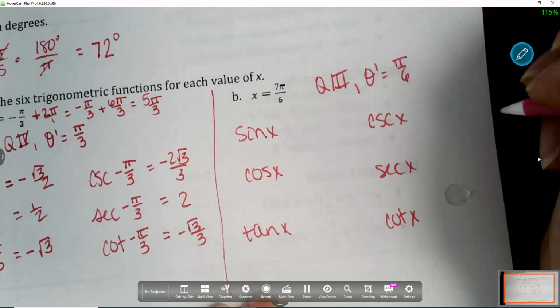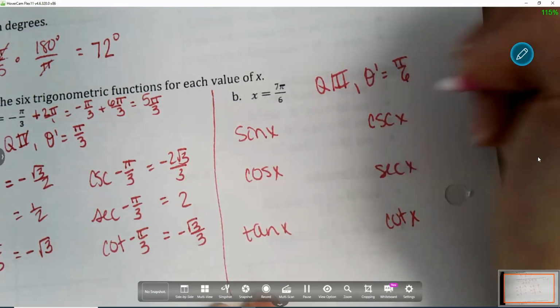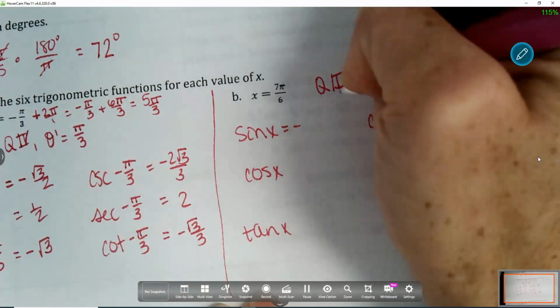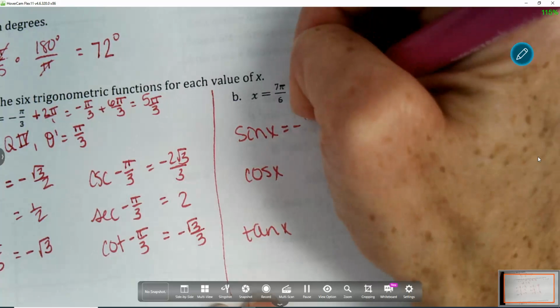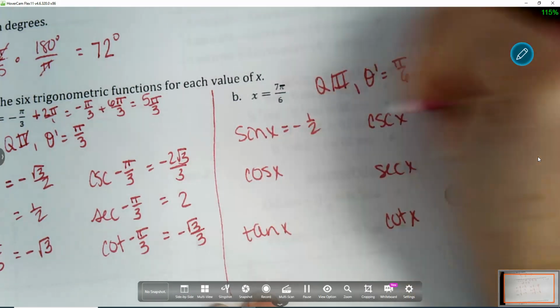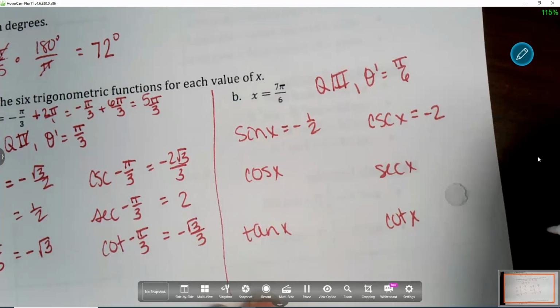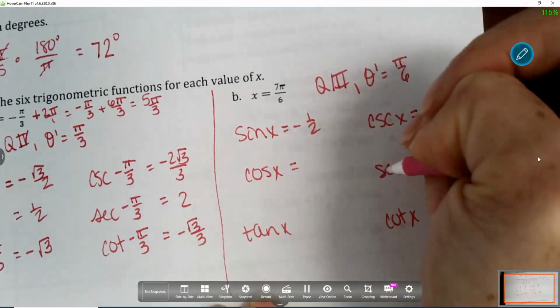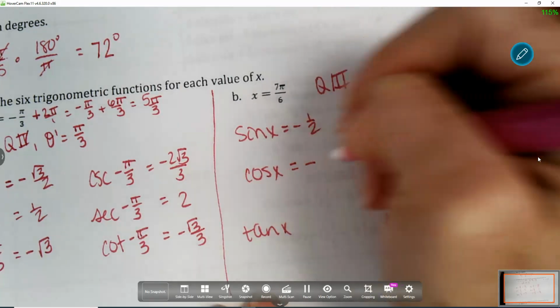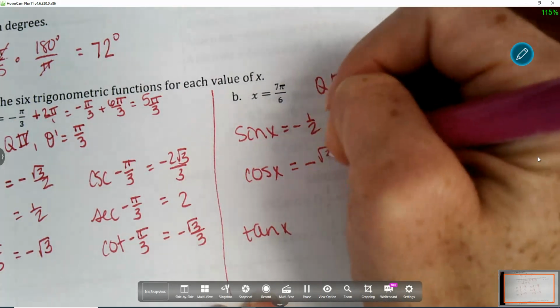All right, in quadrant 3 is sine positive or negative? Negative. And sine of pi over 6 is the sine of 30 degrees, which is? Which means cosecant is? Negative 2. All right, cosine in quadrant 3 is? Negative radical 3 over 2.